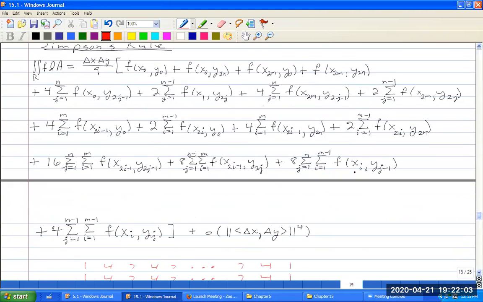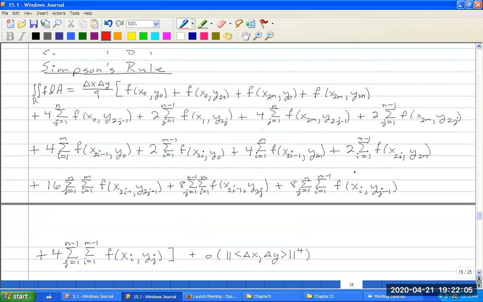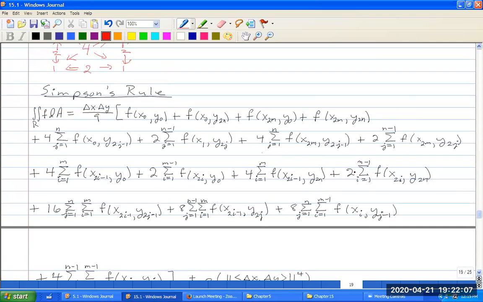Of course, I didn't finish this guy yet. This is 2i, oops, 2i, 2j.